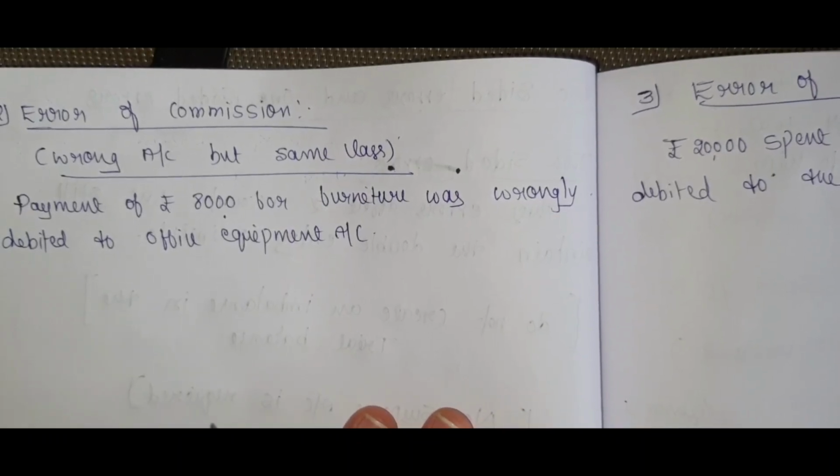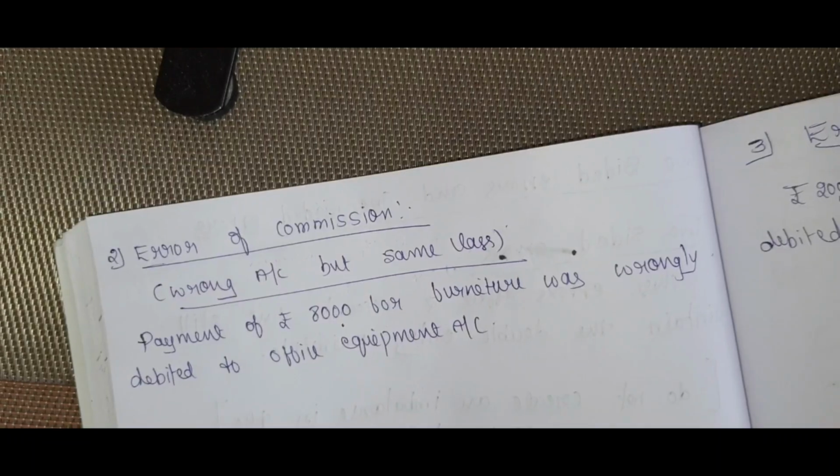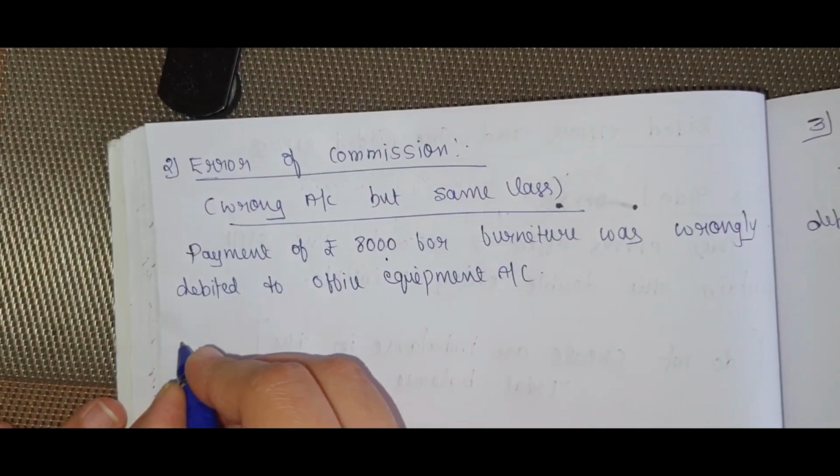Now what is the rectification entry here? How do we solve this transaction? See the steps. First, write down the wrong entry.